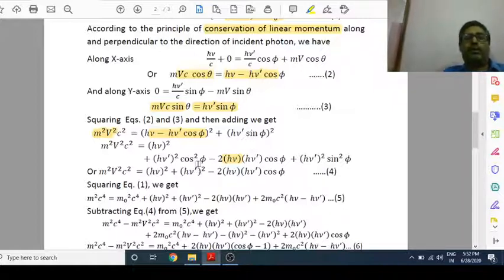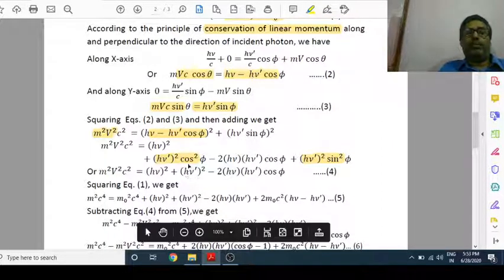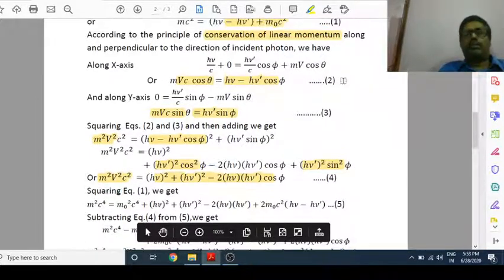Now if we combine these two terms, what we get? Here cos square phi, here sin square phi, and h nu dash square common. So it will be under bracket cos square phi plus sin square phi, which is 1. So on solving we get this one. This is equation 4.